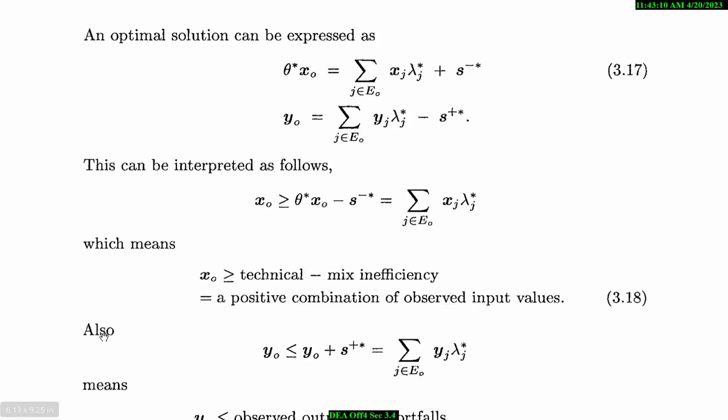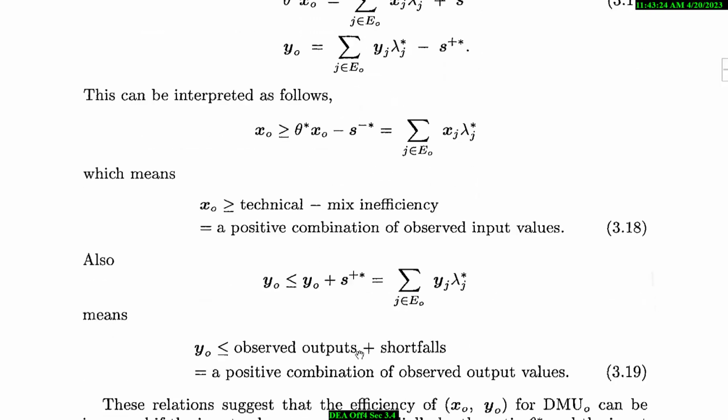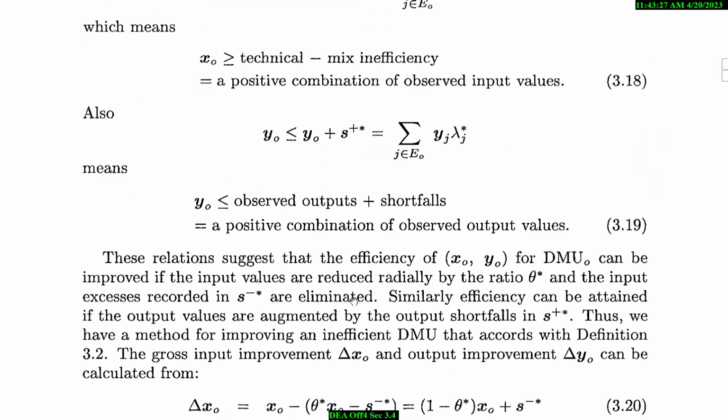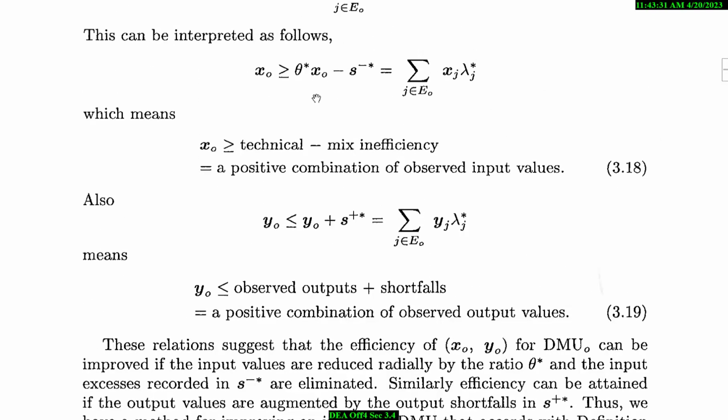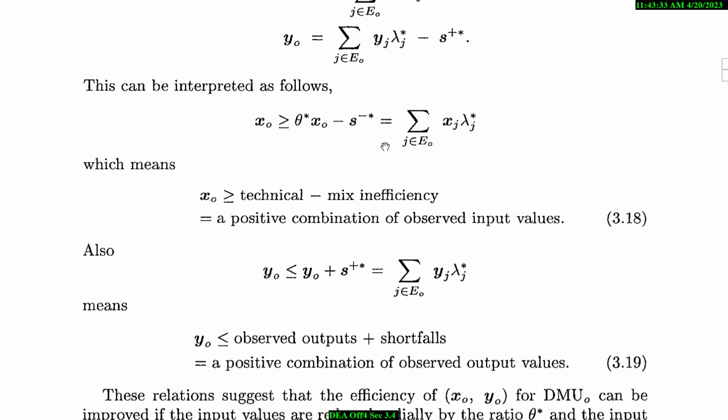And this is also a positive combination of observed input values. For the outputs, we have YO is less than or equal to YO plus s plus star. And this is also from the constraints, and we have written it here.